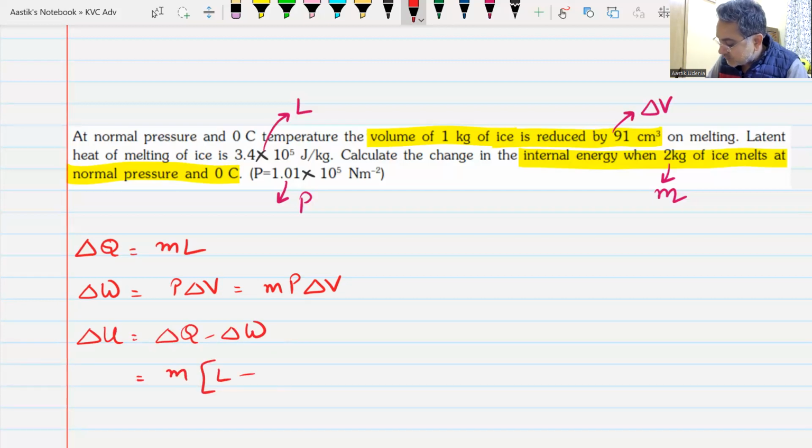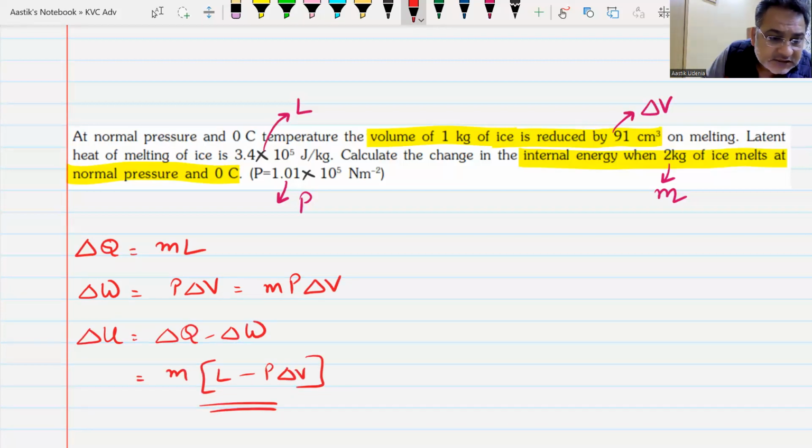It will be M times L minus P into delta V. Just put the values, get the answer, and stay happy. Do we understand this?